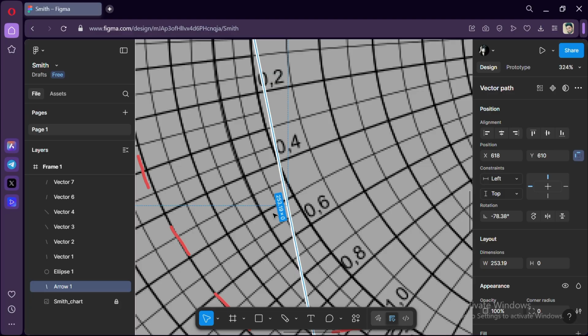If we multiply this by 2, it is going to give us the diameter of the circle, 253 multiplied by 2, 506.